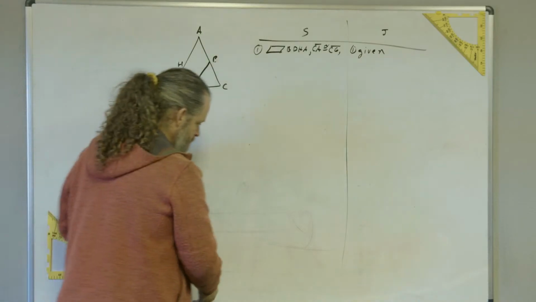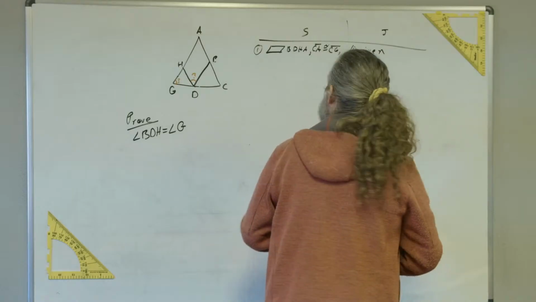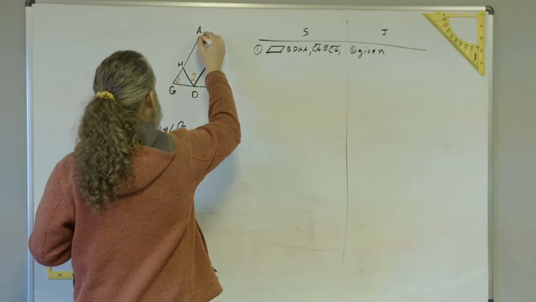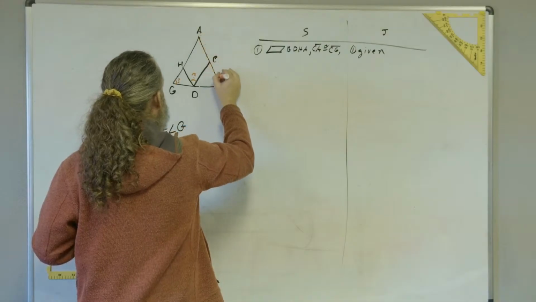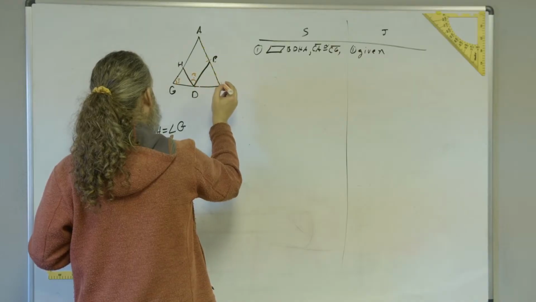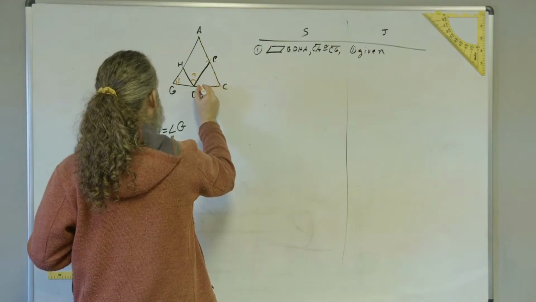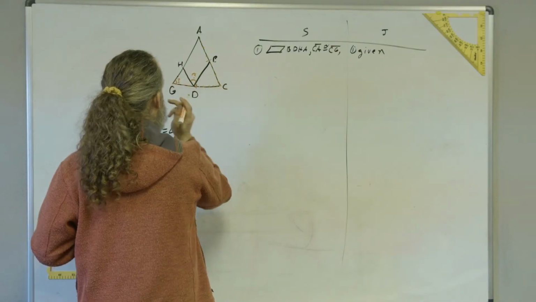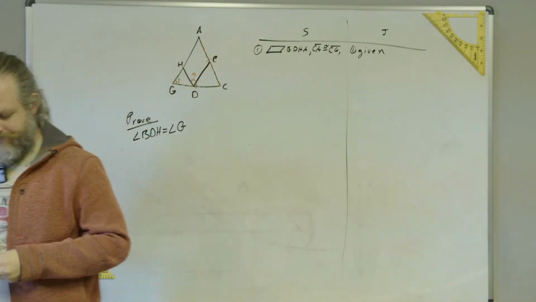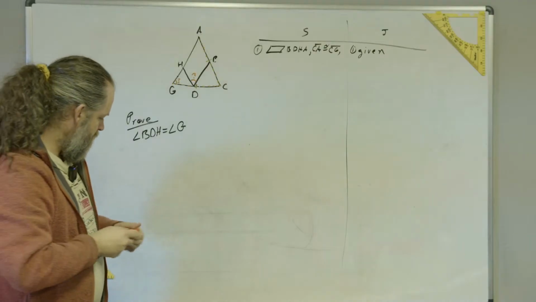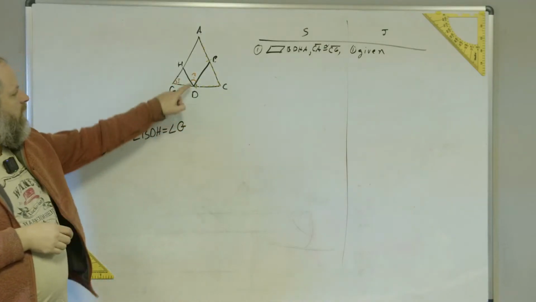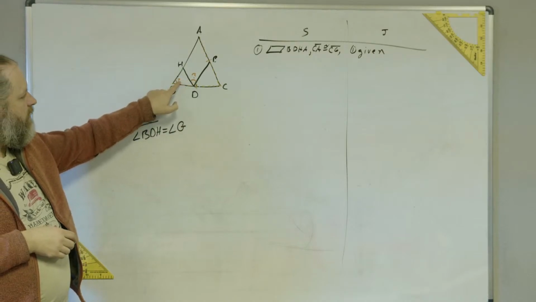We are given that CA, so this big one, is congruent to CG. So that one. So it's an isosceles on its side, right? So this angle and that angle.